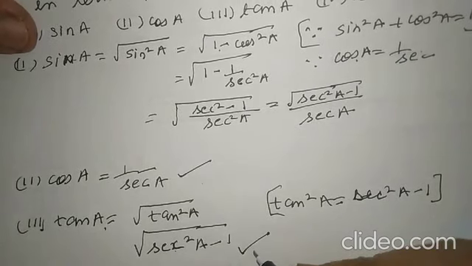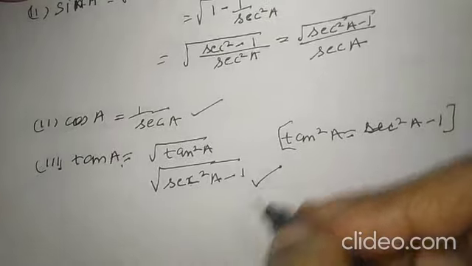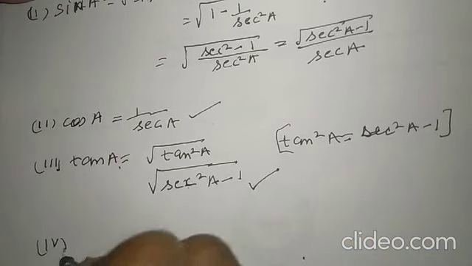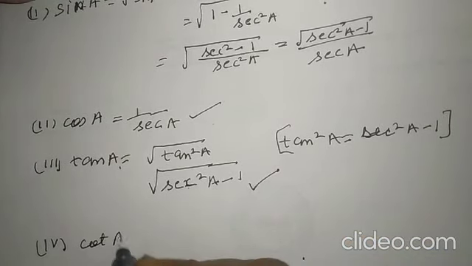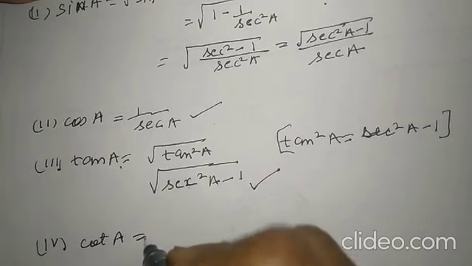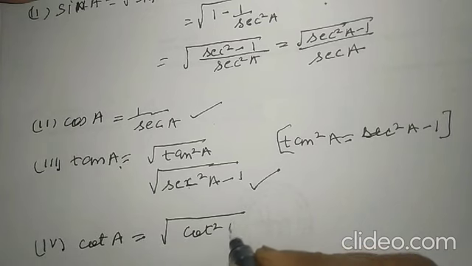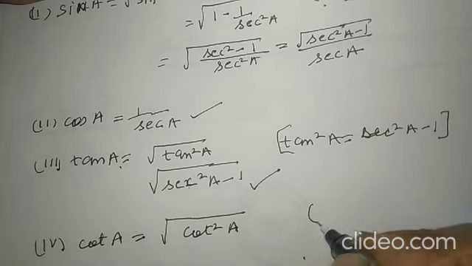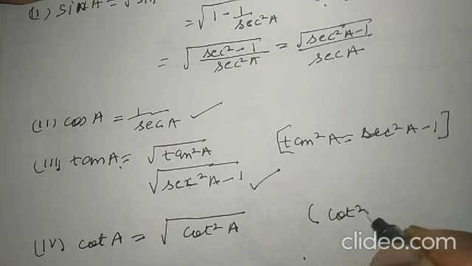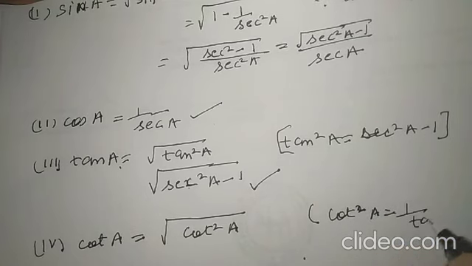Now let's go to our fourth part, that is cot A. So we have to express cot A in terms of sec A. So we can write cot A as root of cot square A. We know cot A is equal to 1 by tan A, right?